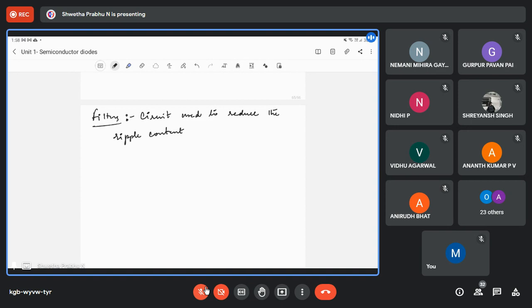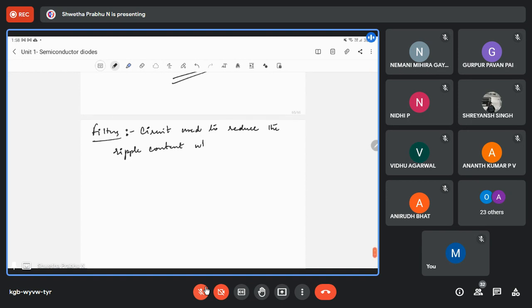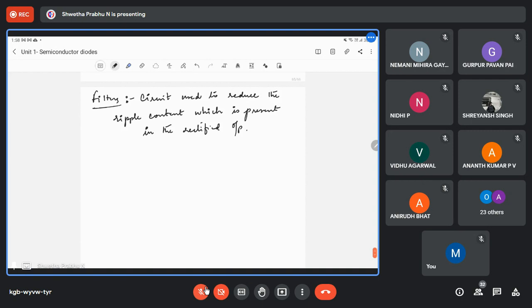So filters are a type of electronic circuit used to reduce the ripple content which is present in the rectified output. You may get a question like how much percentage of ripple content can be reduced by using filters?